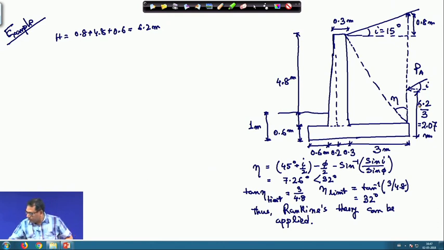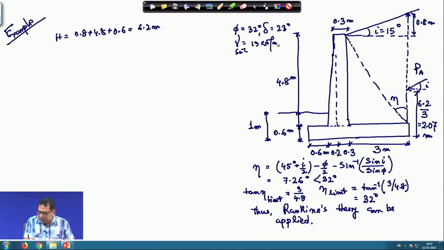And the values that were given: phi value was 32 degrees, delta value was 23 degrees, unit weight of soil was 19 kilonewton per meter cube, and unit weight of concrete was 24 kilonewton per meter cube.